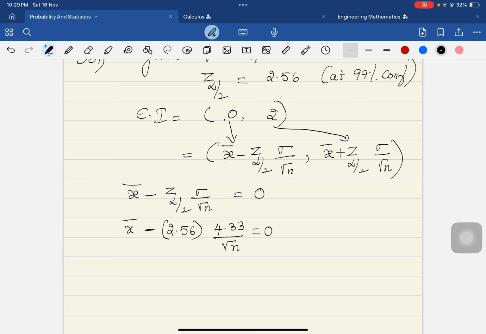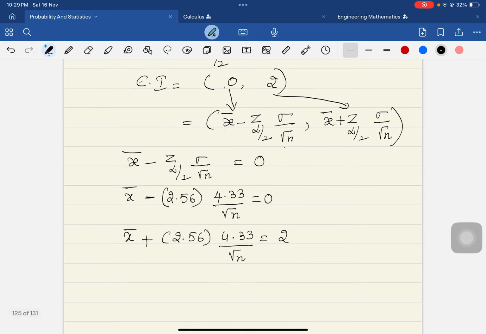And what is the other equation? It is x bar plus 2.56 times sigma, 4.33 by root n, that is plus actually. This is the upper limit, equal to 2. This is what he has given you. Let us call this equation 1 and this equation 2.